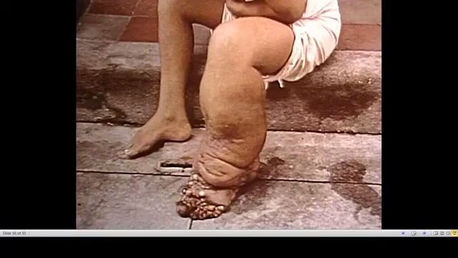This figure shows blockage of lymph flow causing elephantiasis of the lower leg. A closer look at the elephantiasis.